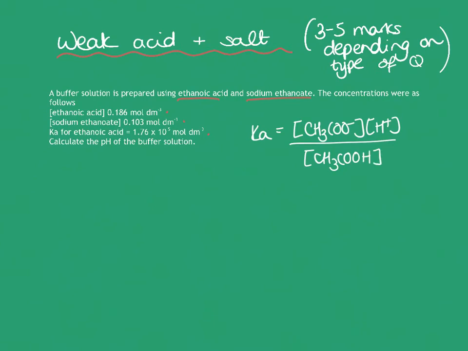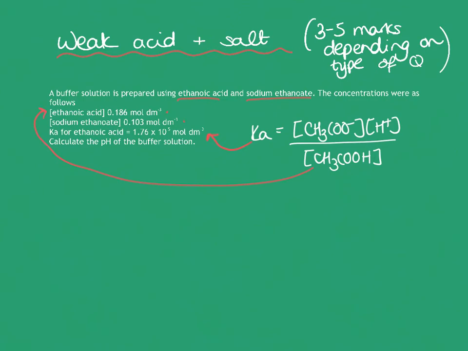Now, the one thing I need you to remember here is that you cannot use that H plus squared approximation because you have got salt added. Now, where are we going to get these numbers from? So we've got Ka already. The acid, you've already got a concentration for that as well.